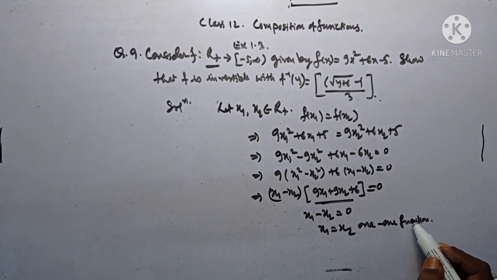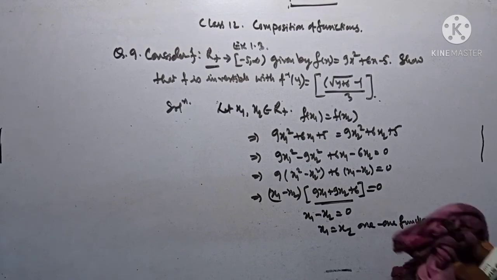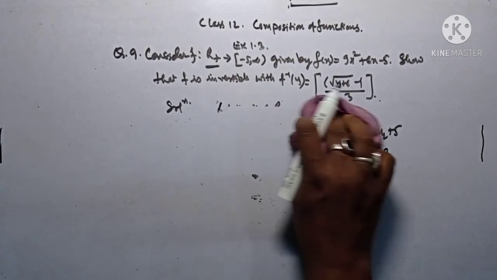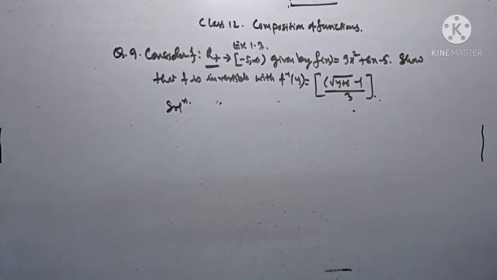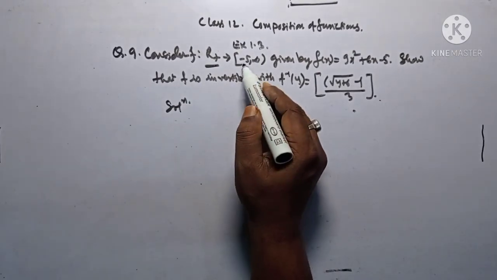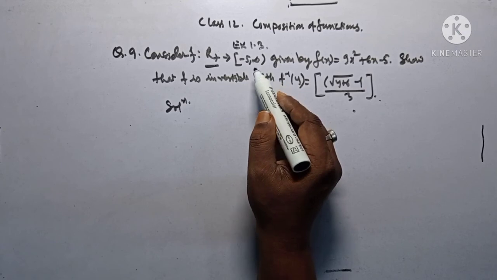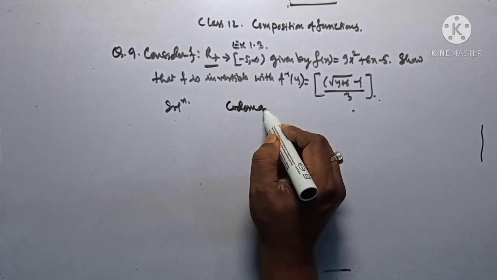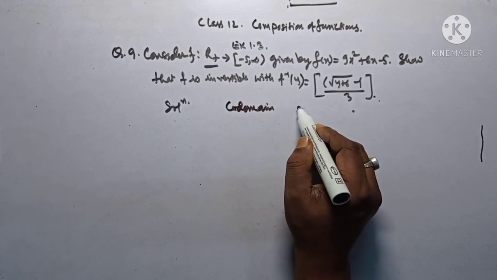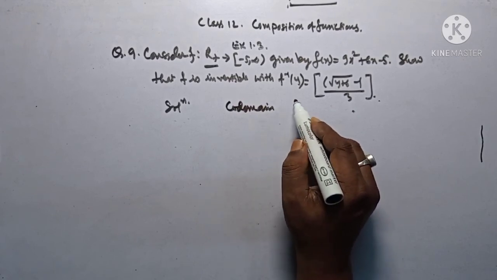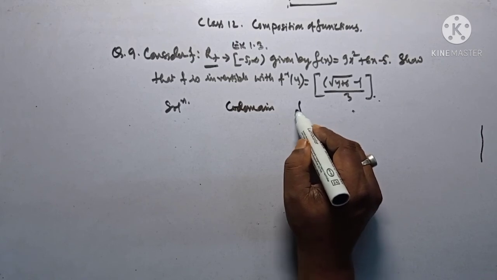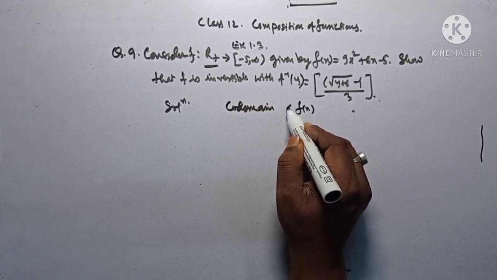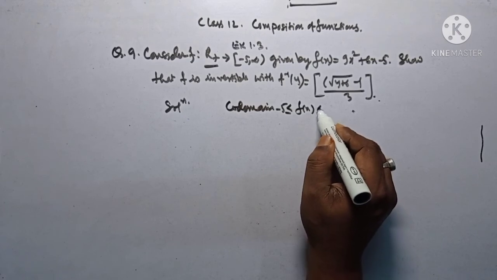And at the same time, you can prove that this is an onto function. See how you can prove that this is an onto function. You take this y value greater than -5, since it is given that the codomain of f(x) is greater than or equal to -5 and less than infinity.